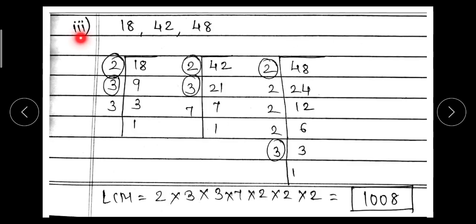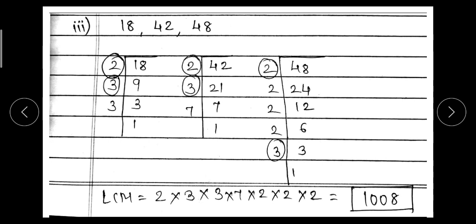Question number 3. 18, 42, 48. Factors of 18 are 2 9s are 18, 3 3s are 9, 3 1s are 3. Factors of 42. 2 21s are 42. 3 7s are 21. 7 1s are 7.